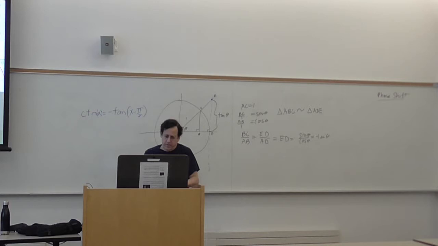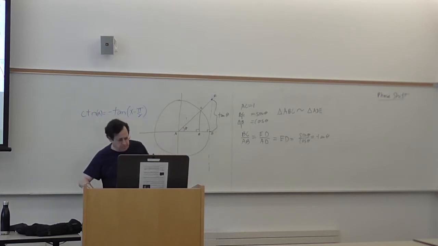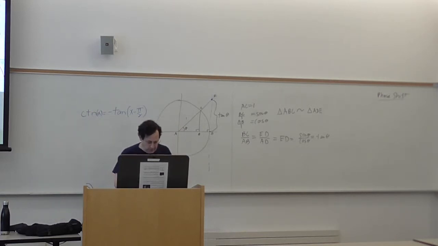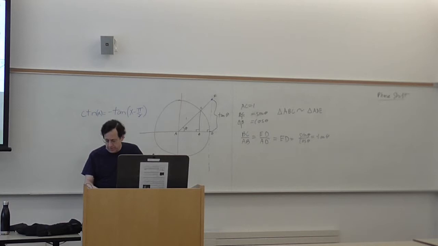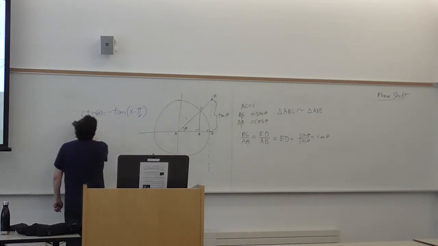All right. That's probably most of what you need to know about the cotangent. You know the tangent, you probably know the cotangent. So let's move on to the reciprocals of the sine and cosine.